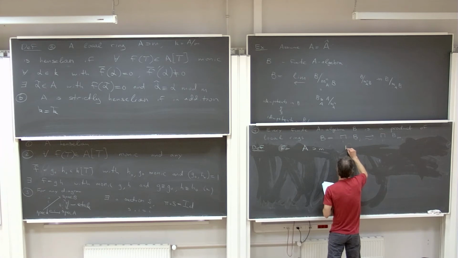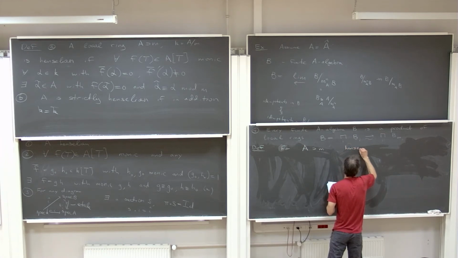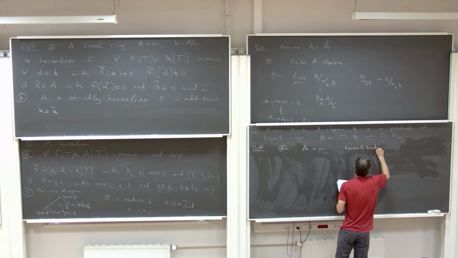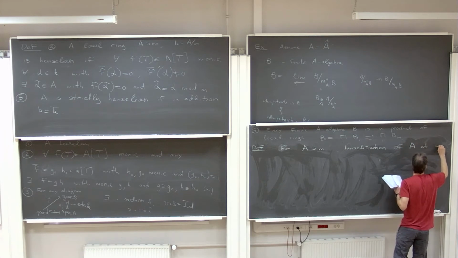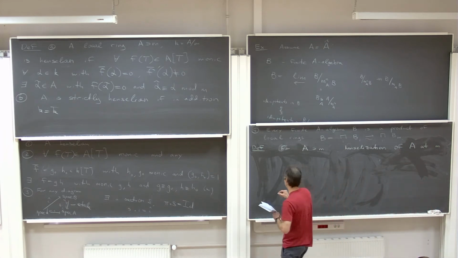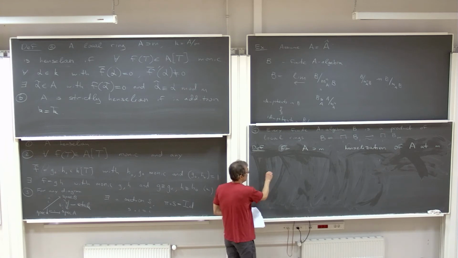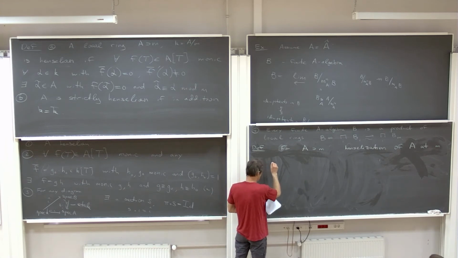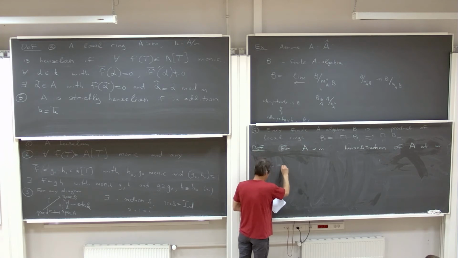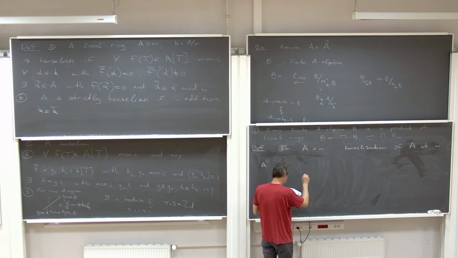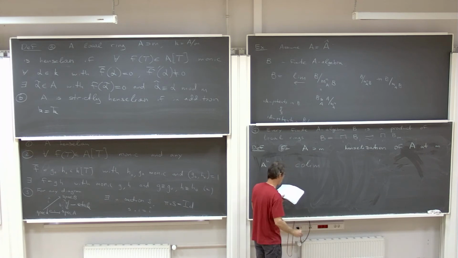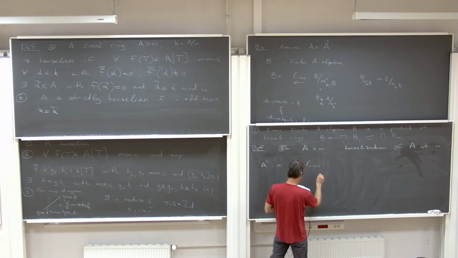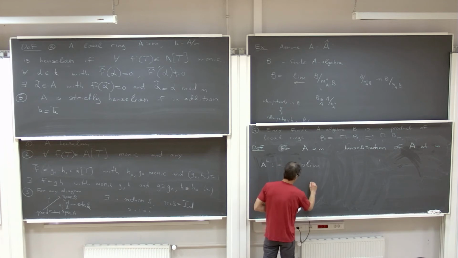The Henselization of A at M is defined as the limit, called limit, over the following diagrams, over the following category.